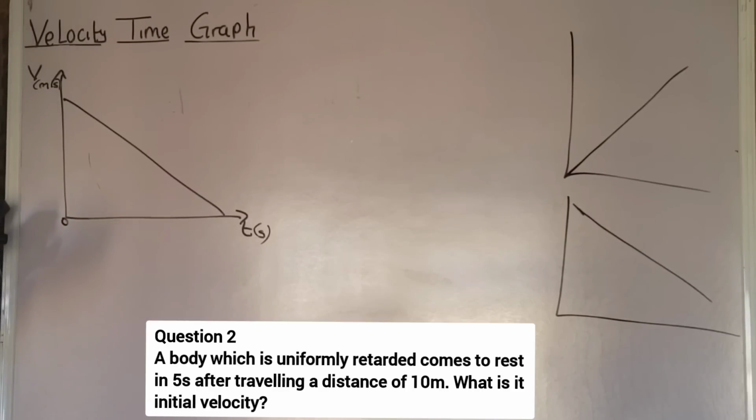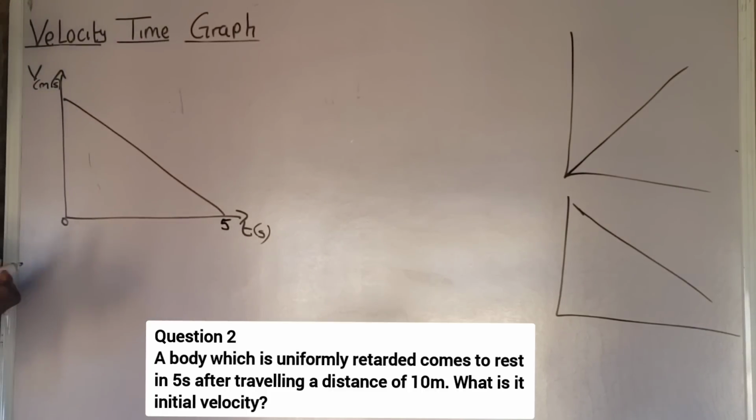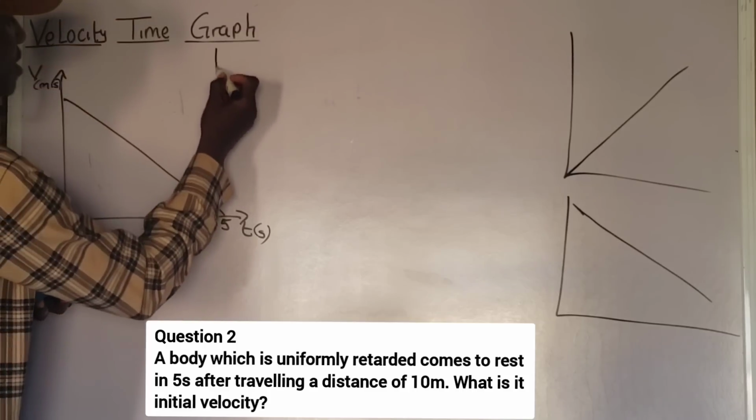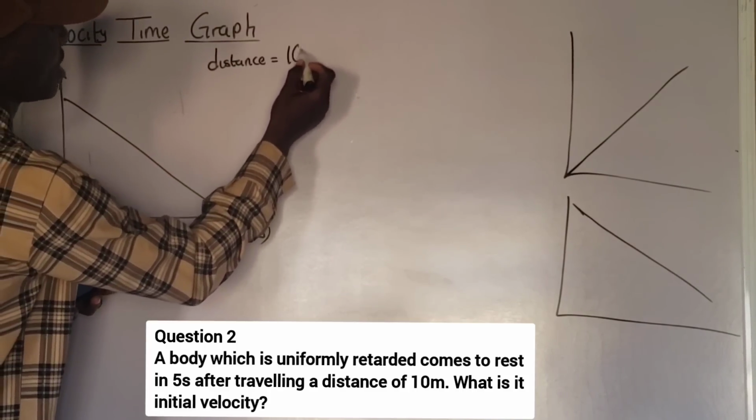And because the question says that the body comes to rest in 5 seconds, here will be 5. Do you understand? So, we are told to calculate the initial velocity, and they gave us that the distance covered is 10 meters.